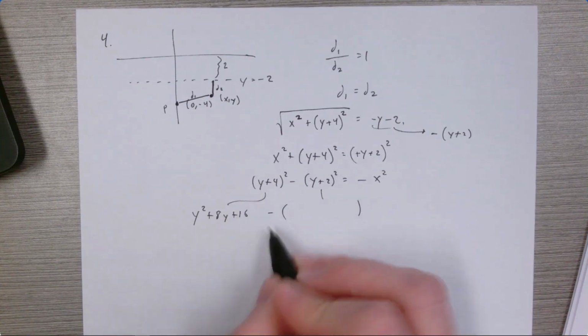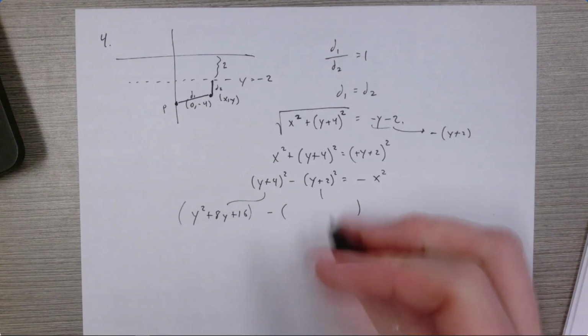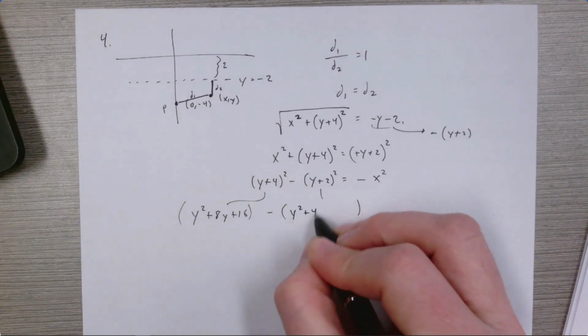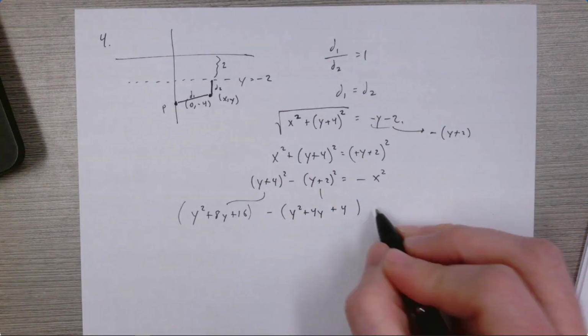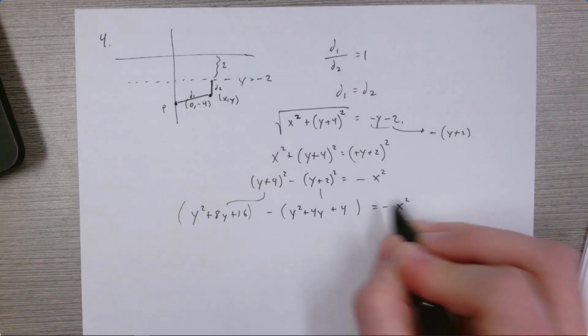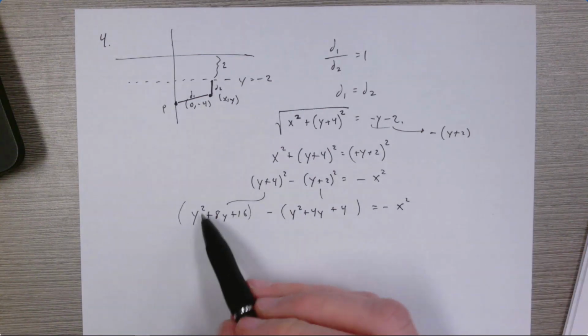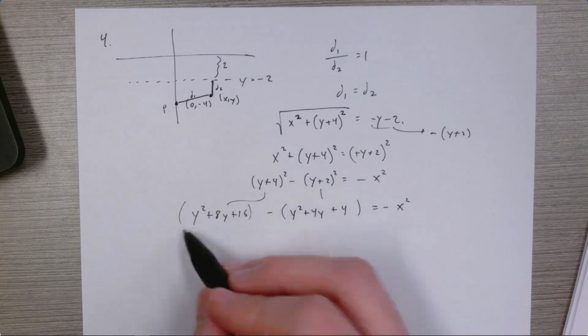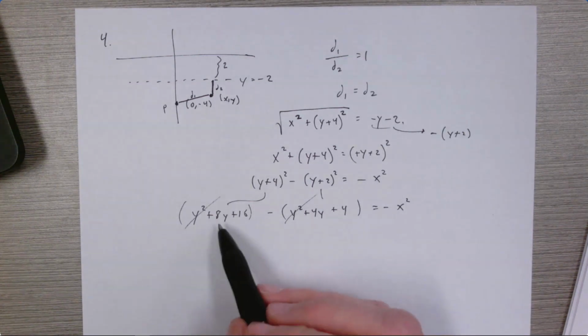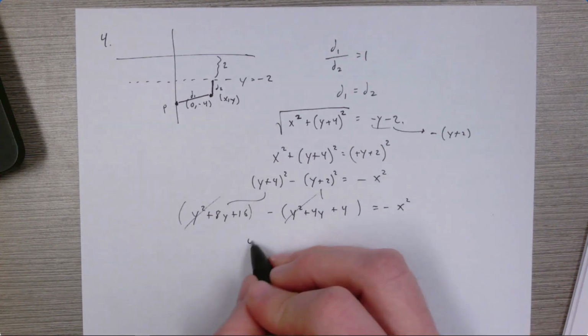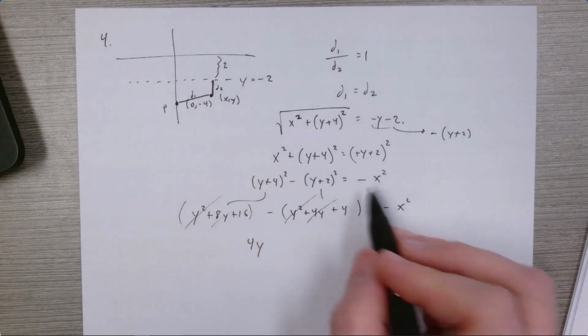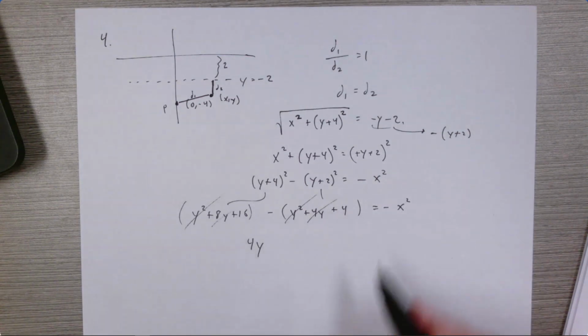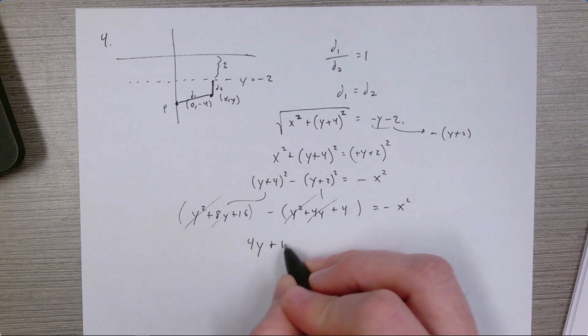I'm going to subtract this entire expansion, which is y squared plus 4y plus 4. And now let's see what eliminates. So I got y squared minus y squared, so those go away. I've got 8y minus 4y, gives me 4y, okay? I've got 16 minus 4, which is 12.